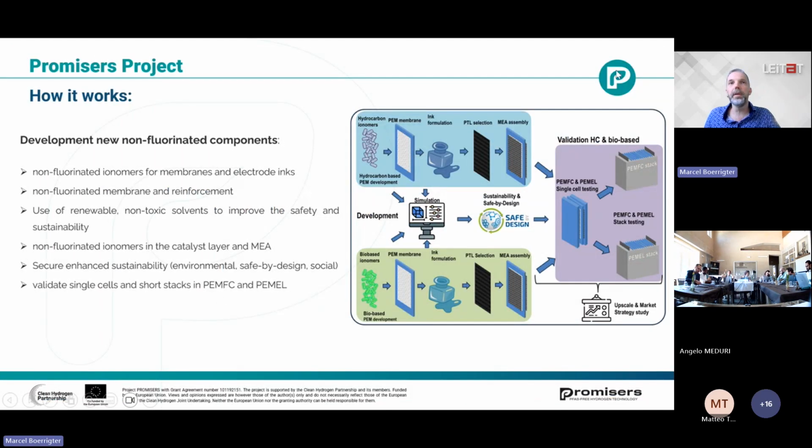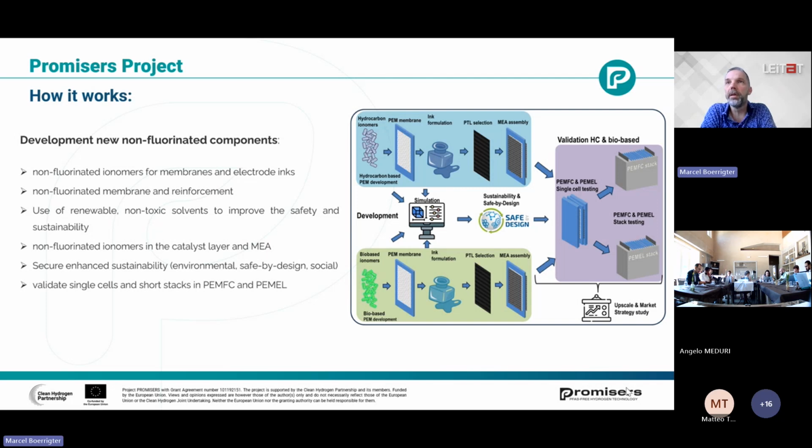So the PROMISERS project is to develop new non-fluorinated components for fuel cell and electrolysis. We have the project divided in two main streams, hydrocarbon-based and bio-based. We are developing novel ionomers, and from these ionomers we are making membranes, and we also use them for the ink formulation.